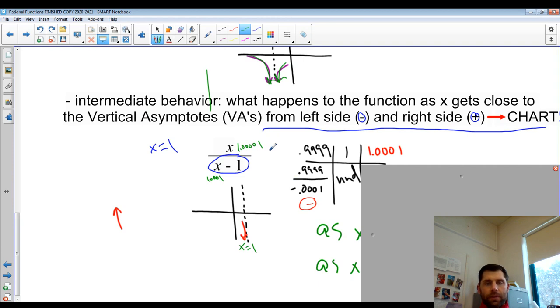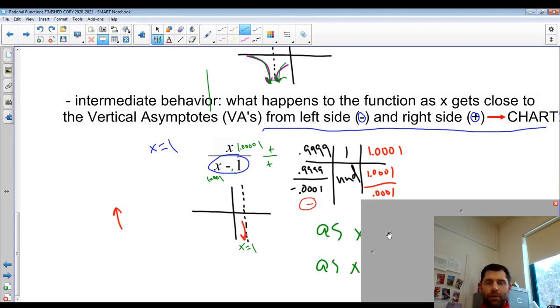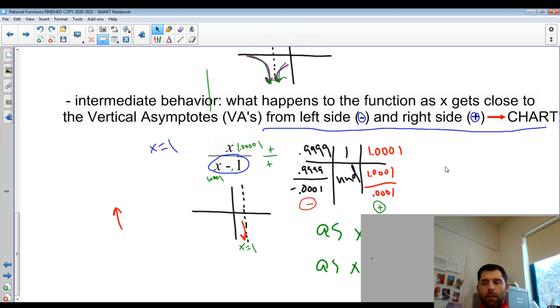So the numerator is positive. 1.000001 minus 1 is very small, but it's still positive. So here we have a positive number divided by a really tiny but still positive number. And that output gives me a really large positive number. Remember what division is? We talked about this a little bit earlier in the year.